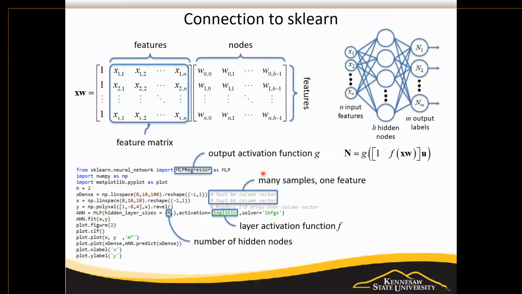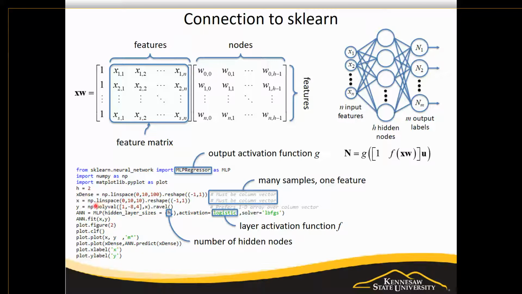Then, one of the interesting things you'll find is when you try to do ANN.fit, it's expecting a particular shape. Right now I'm dealing with a single input, so there's only one input column because there's one feature and lots of samples. And you'll see when I did this, I reshaped it.